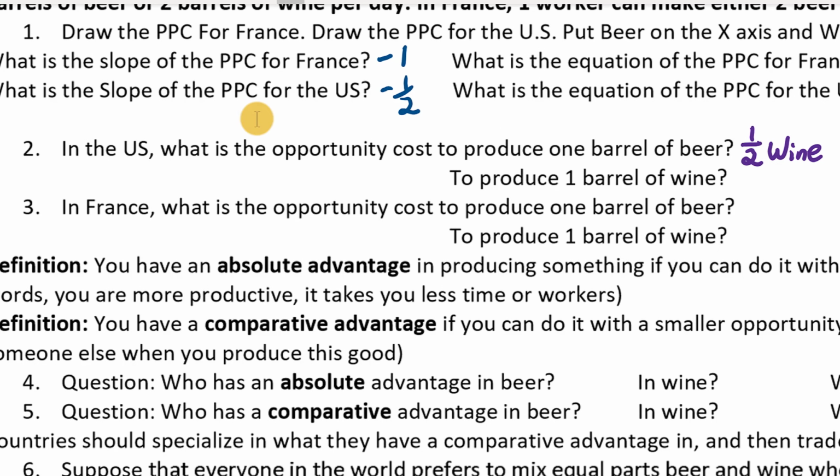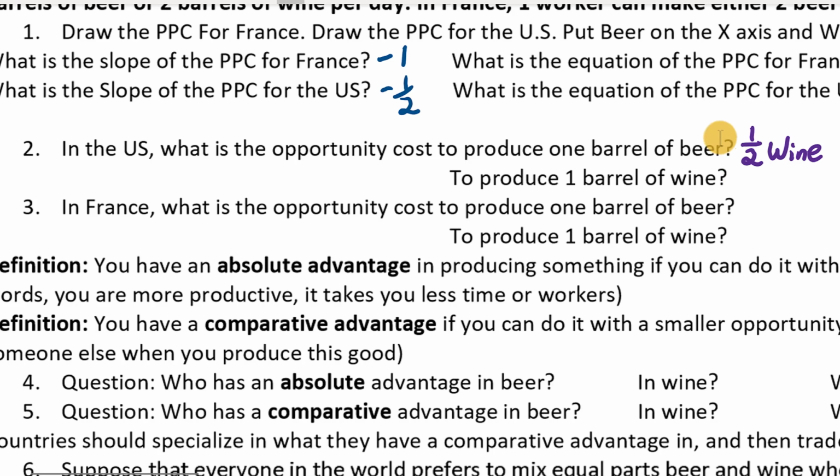Now, what if we were to move the other direction? What if we wanted to produce 1 more barrel of wine? How much beer would we have to give up? Now, in general, when you go in the other direction, the opportunity cost of the other good is going to be the inverse of the opportunity cost of the first good.